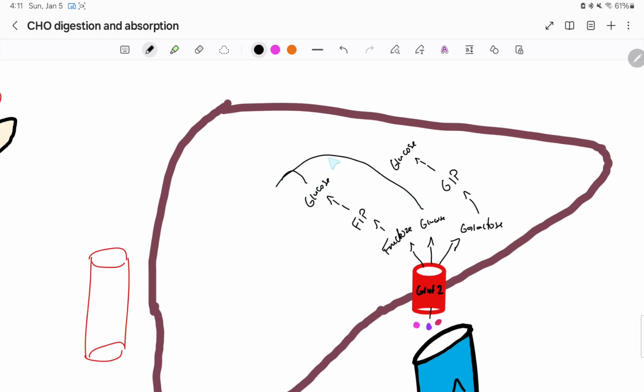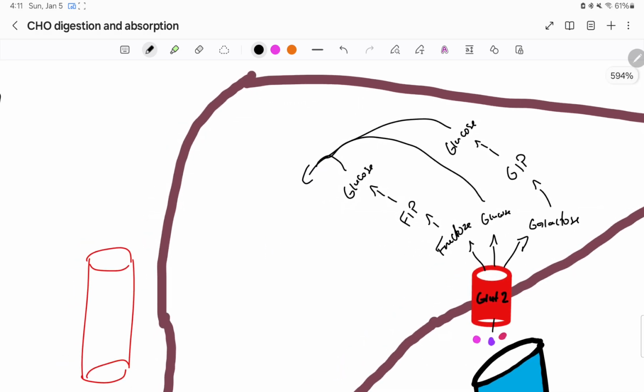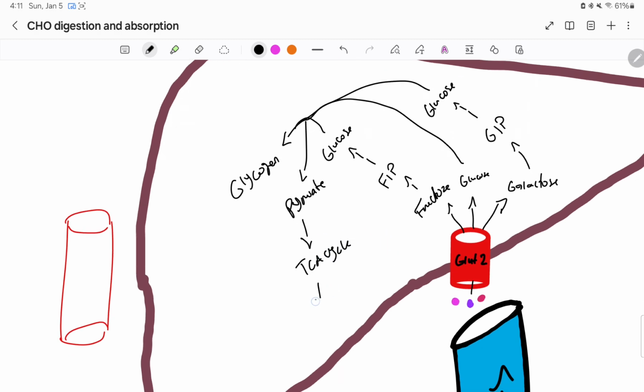So it comes here. It can either be turned into glycogen, or it can be pushed to other pathways, for example, energy production. So pyruvate, which then goes into the Krebs cycle or the TCA cycle, and then the electron transport chain to make ATP.